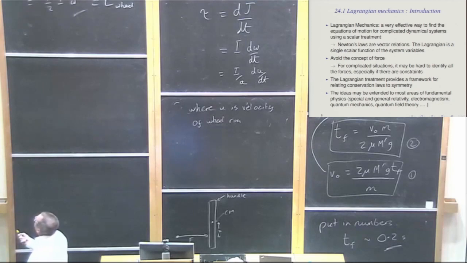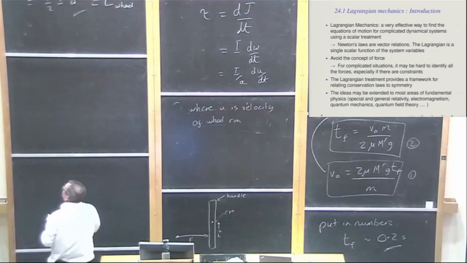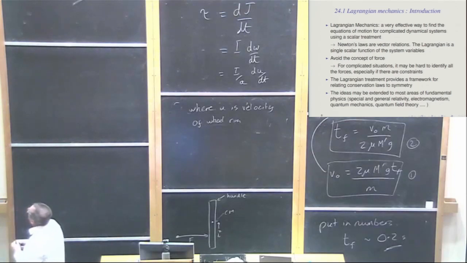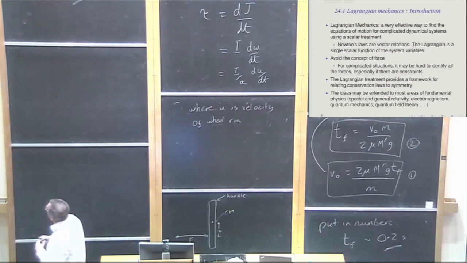And this can be an advantage because in complicated situations, it can be quite difficult to identify all of the forces, especially if there's constraints in the game. So the Lagrangian mechanics, as I hope to convince you over the next week and a half, is actually a very, very elegant and powerful way for solving problems.